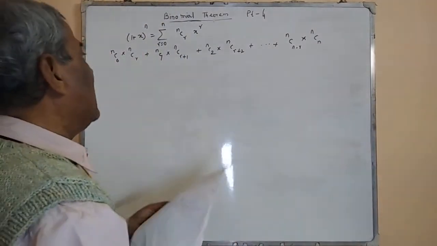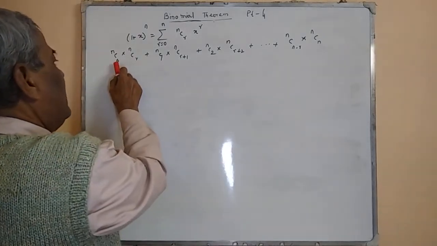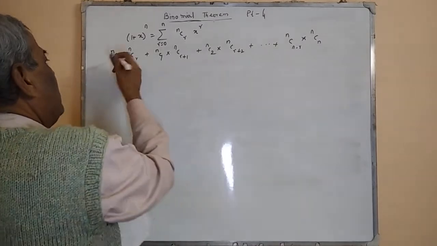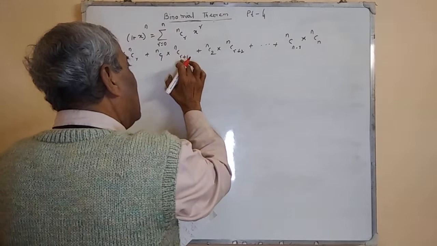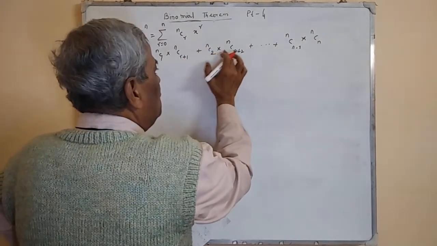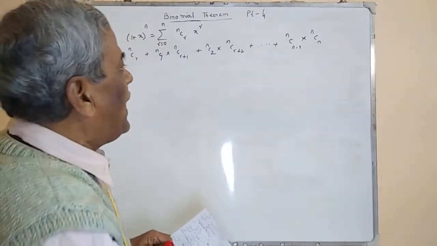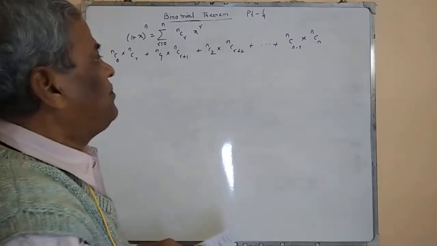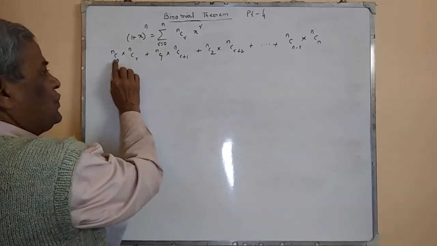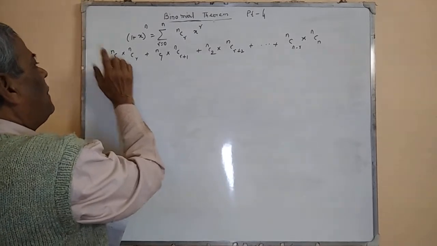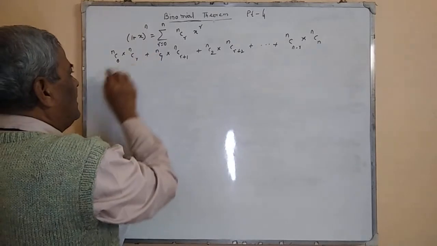Each term is a product of two binomial coefficients. This is nC0 into nCr, nC1 into nC(r+1), nC2 into nC(r+2), etc. One more thing: consider nC0, nCr.